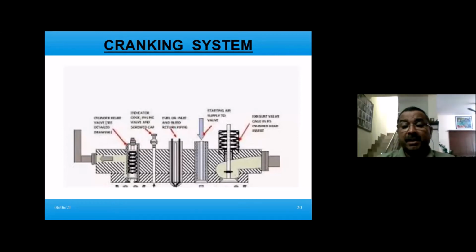Compressed air at a very high pressure will be given to those particular cylinders, so that the crankshaft will be rotated and its RPM will increase, and the cylinders will start generating power, and the engine will get started. That is the story of big engines.